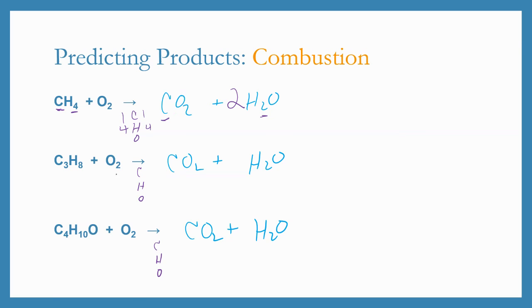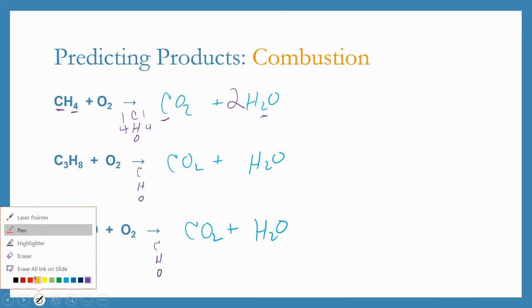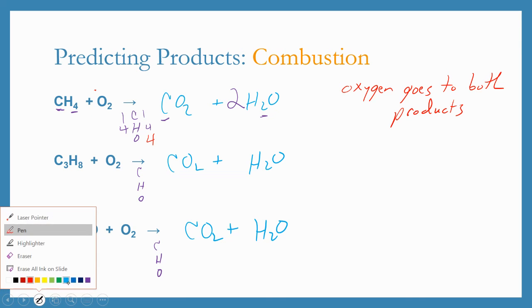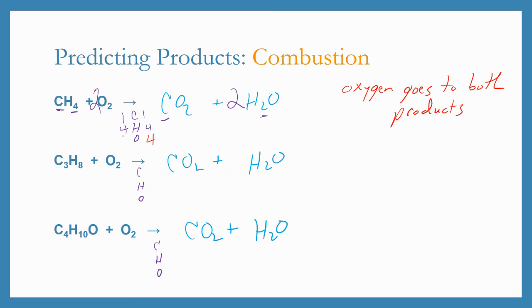Oxygens go to 2 places, so that's where it gets a little confusing, because oxygen goes to both products. And because it goes to both products, there's 2 plus 2 is 4. So we need 2 of these, 2 O2s to give us 4.